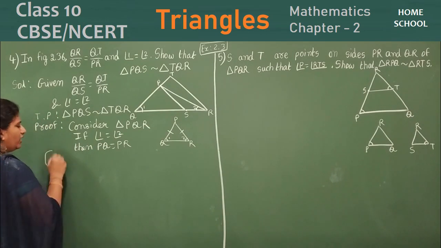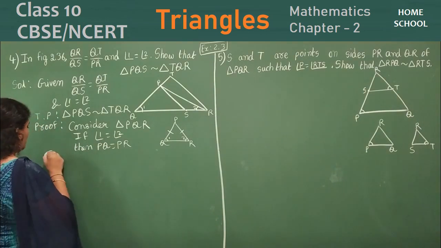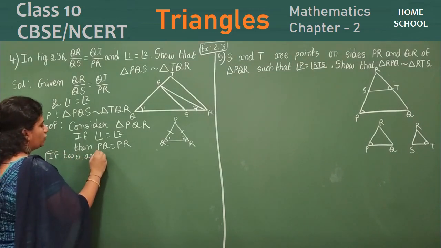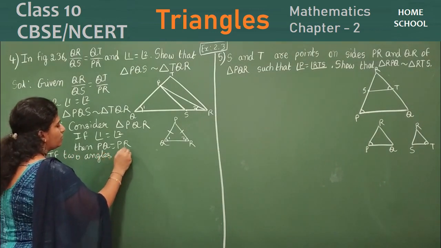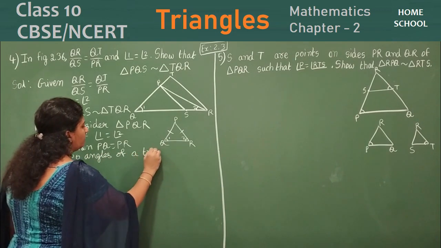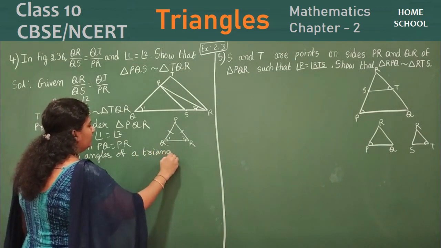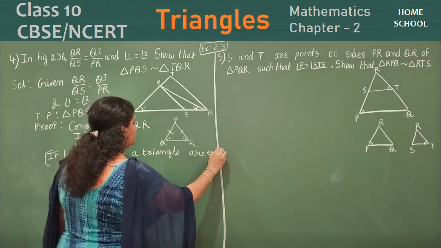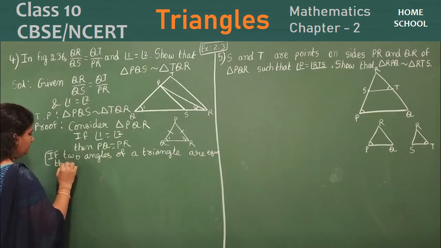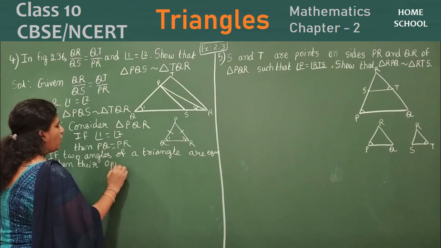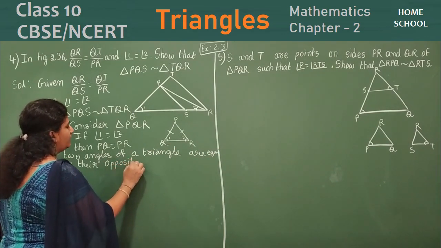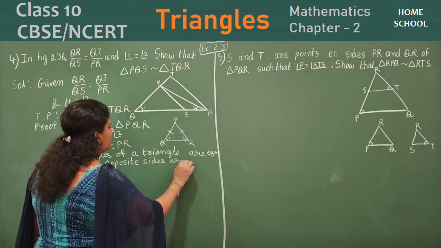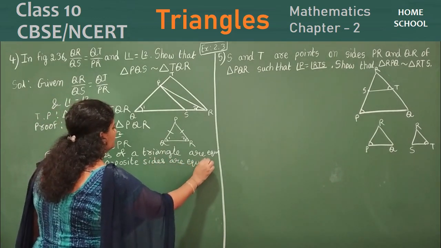But this statement you are going to write here. If 2 angles of a triangle are equal, then their opposite sides are equal.